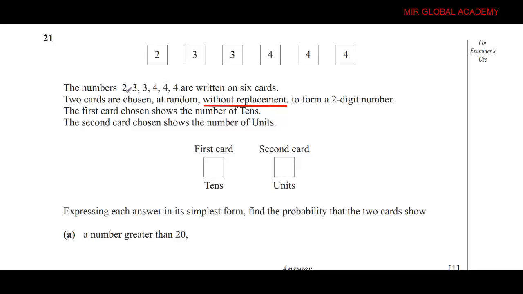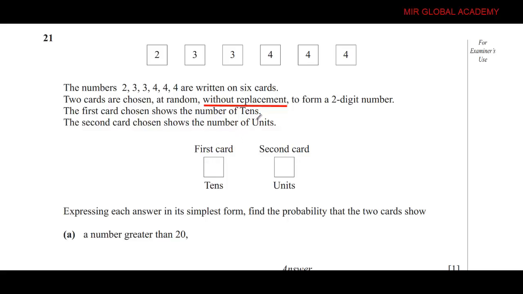The numbers are written on the 6 cards. 2 cards are chosen at random without replacement to form a 2-digit number. The first card chosen shows the number of tens and the second card chosen shows the number of units.